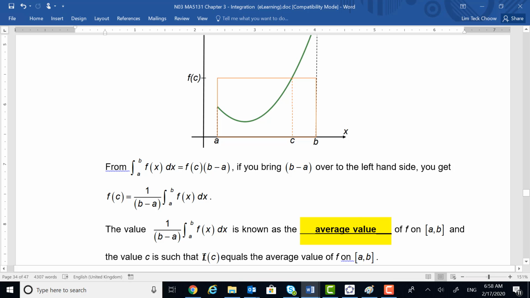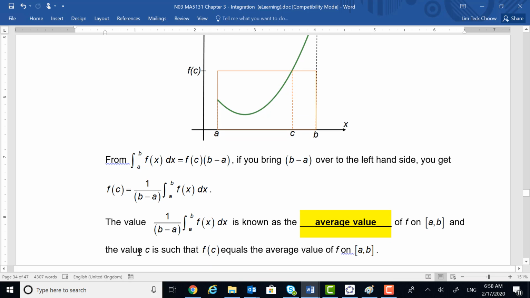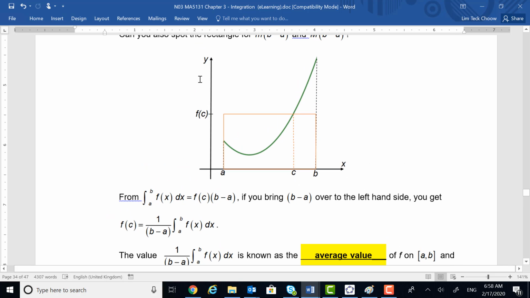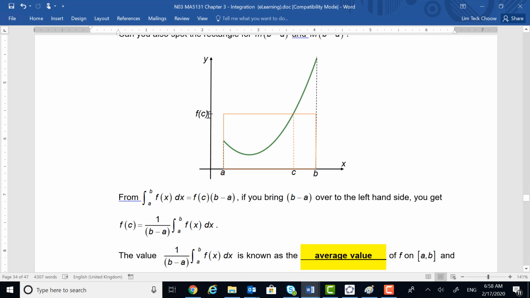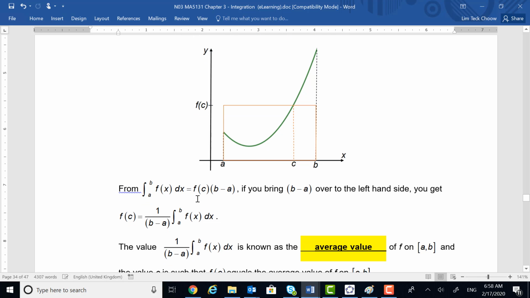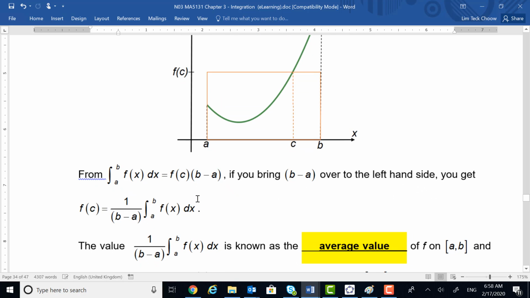And this value c is the value such that f(c) is equal to the average value. Can you see? f(c) now is equal to the average value. So that means this number here is equal to the average value of the function from a to b.